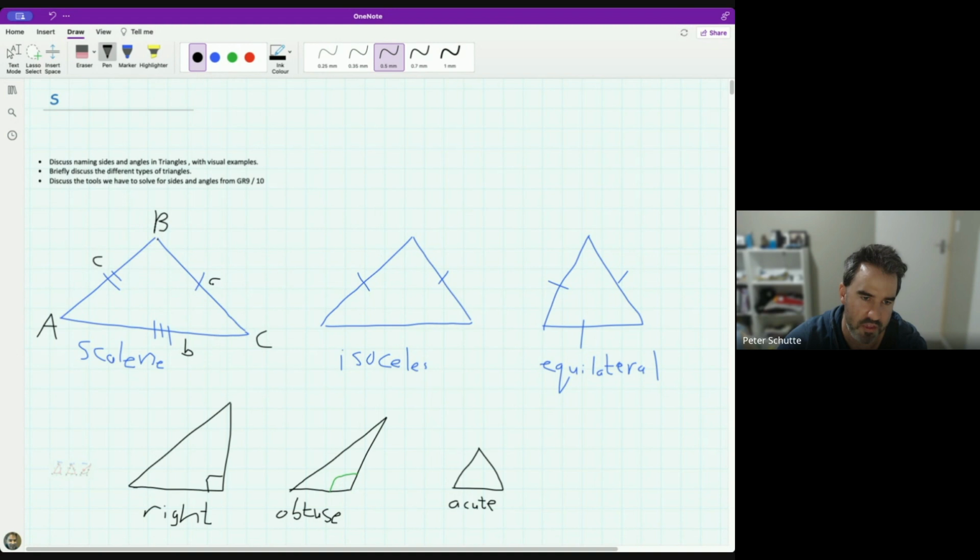And here we call that little a. And over here, if this was corner DEF, often with triangles we use alphabetical order, then that would be called side D, that would be called side F, and that would be called side E, and we use the little letters for the sides.